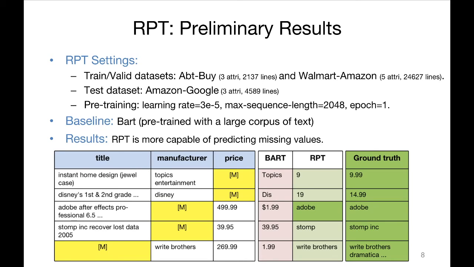This table shows some results, where M means that the value is masked out. These results show that RPT pre-trained on tables can learn structural data values from tables better than directly using a pre-trained language model. The main reason is that by pre-training on the product tables, RPT can better learn the domain knowledge, and thus is more capable of predicting missing values.